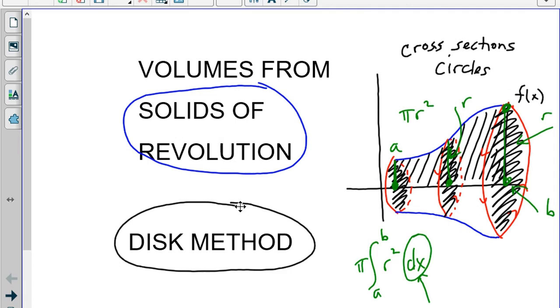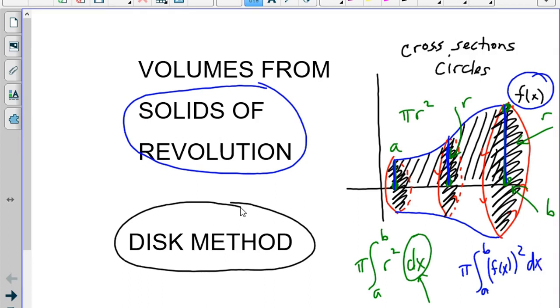And in this particular case, I would replace r with f of x because f of x is exactly the length of r in this problem. So if I wanted to find the volume in this problem, I would say pi times the integral from a to b of f of x squared dx.